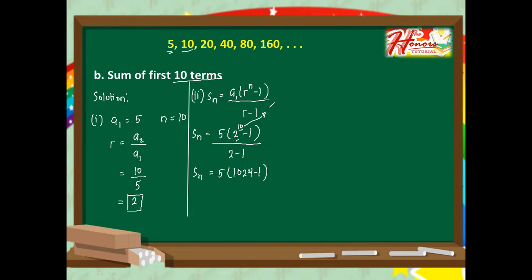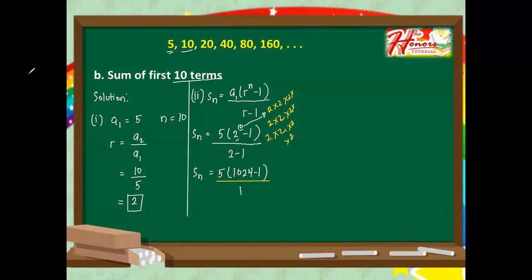It is 2 times 2 times 2 times 2 times 2, 1, 2, 3, 4, 5, times 2 times 2 times 2, 1, 2, 3, 4, 5, 6, 7, 8, 9, 10. This is how 2 raised to 10 looks like. So that's why it is 1024 here below, over 2 minus 1, that's 1.